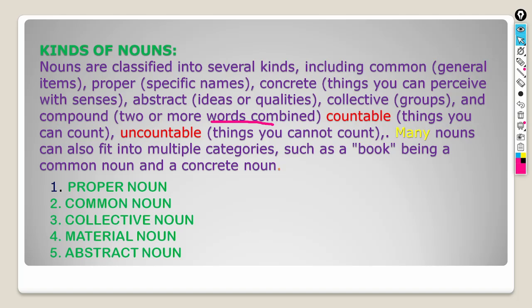Now we'll go to each of the categories, starting from the proper noun. We'll see the definition, we'll see the illustration and why a particular noun is called proper, common, collective, material, or abstract. We'll see to it. Here we go. Let's continue.